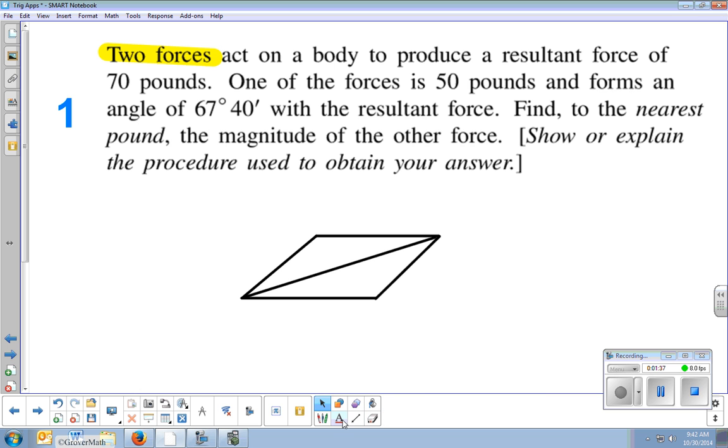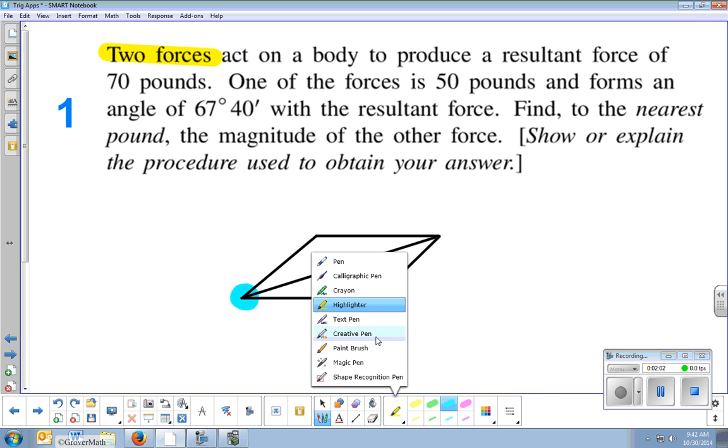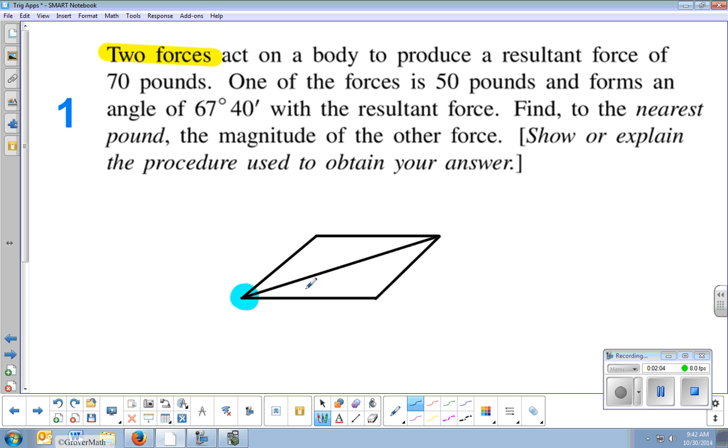Because when they talk about two forces, think of this as one force, and think of this as the other force. The diagonal is called the resultant. Say there's a boulder right here, a rock or something like that, and you get one car tied to that rock, drives off in this direction.